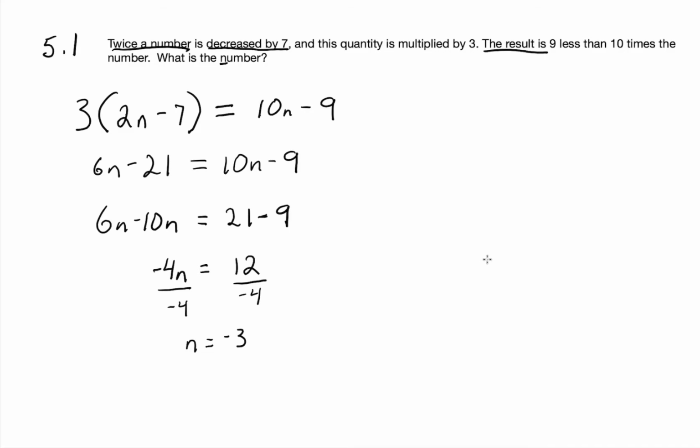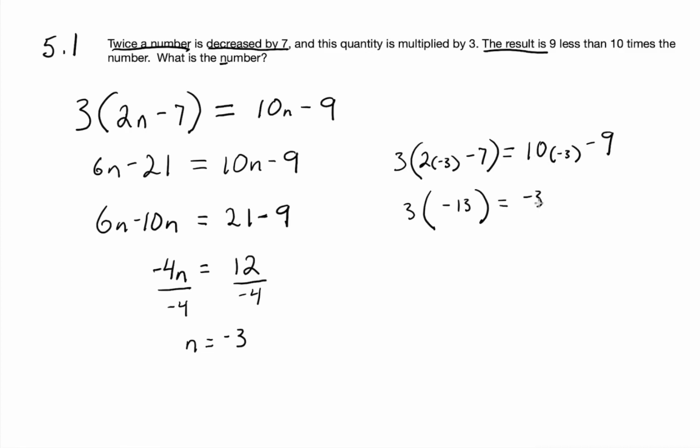Let's check and make sure that we did this correctly. All we have to do is sub in the value of n. So that's going to be -6 minus 7. That's going to be -13.